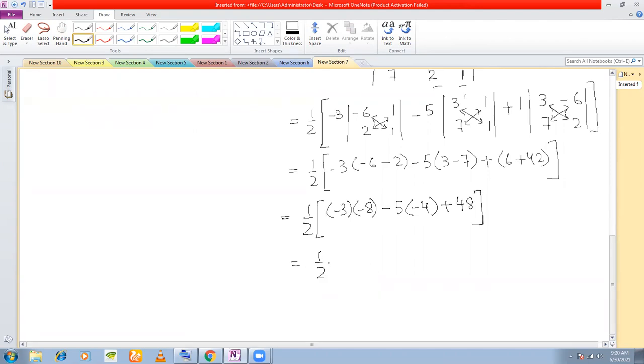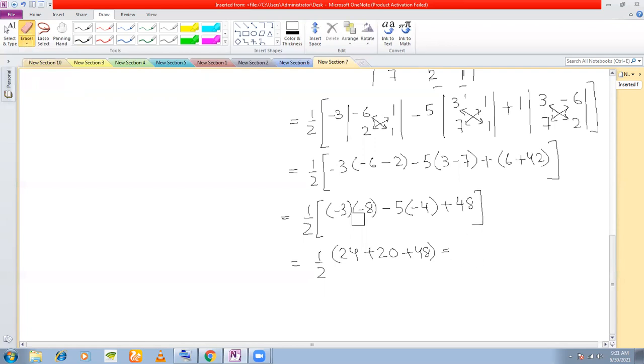They get here half of 24 plus 20 plus 48, which is equal to half of, I think if you add all these, you are going to get 184. 24, 20 and 48 will give you 92 in total, no, not 184.